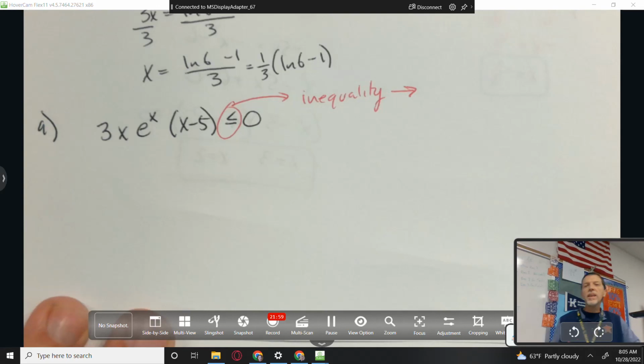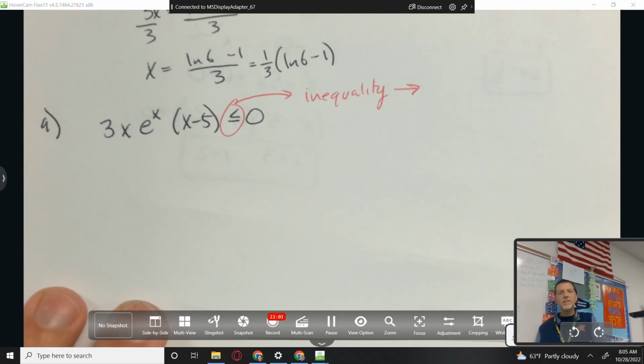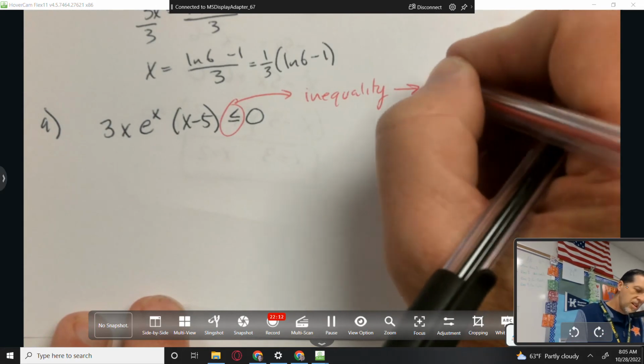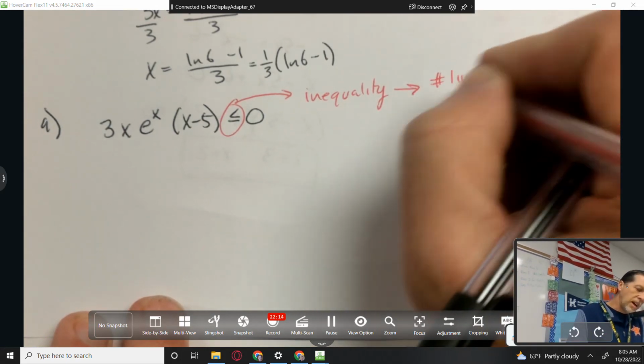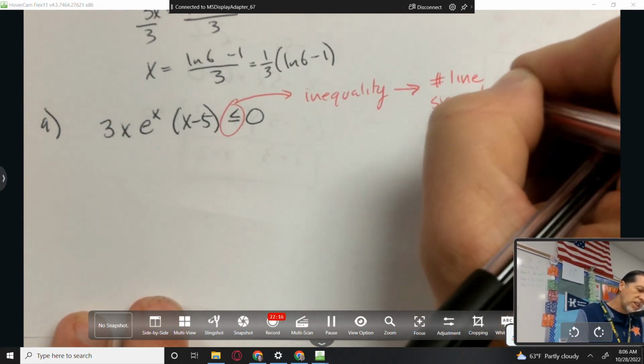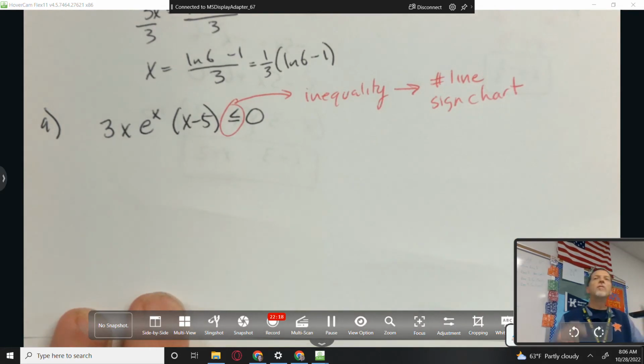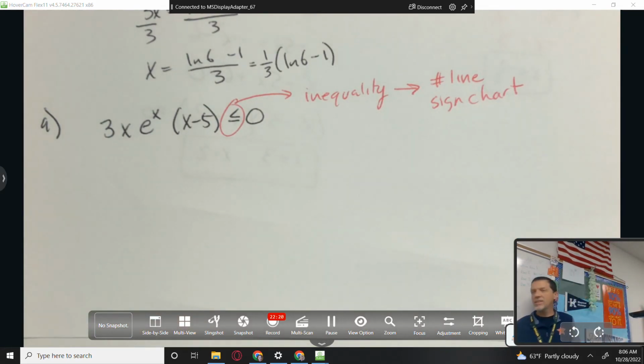And probably the easiest way to do inequalities. Do you remember what we did last time we saw inequalities? How we figured out where it was positive and negative? Let's do a number line with a sign chart. So find the zeros, put them on the number line, test the intervals.